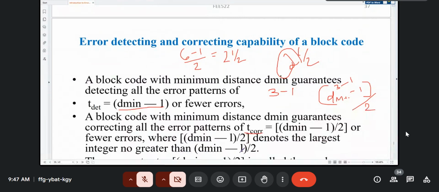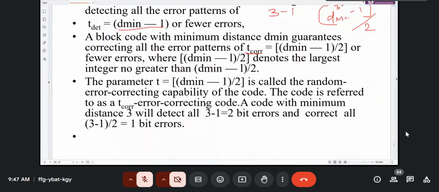You can't correct 3, because the number of bits must be a whole number. So whenever you talk about a t-error-correcting code, it is the code which can correct t errors.